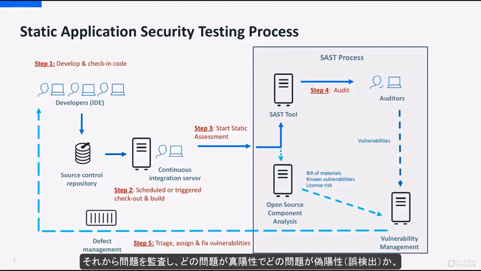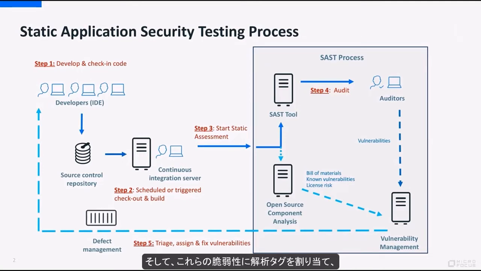So they decide what issues are true positives or false positives, or whatever the organization's context around risk is, right? And they assign those vulnerabilities an analysis tag typically. Issues can be submitted to a vulnerability management system and ultimately be assigned to a developer to fix.